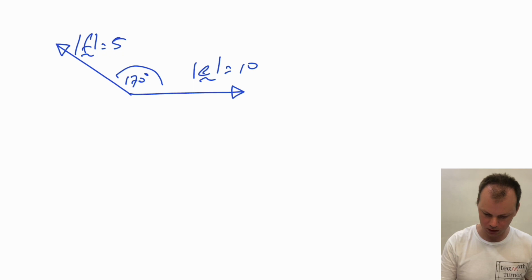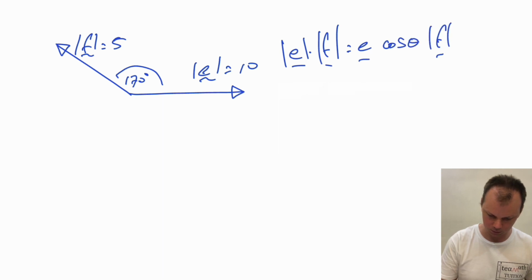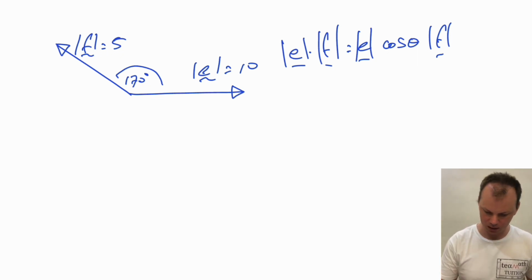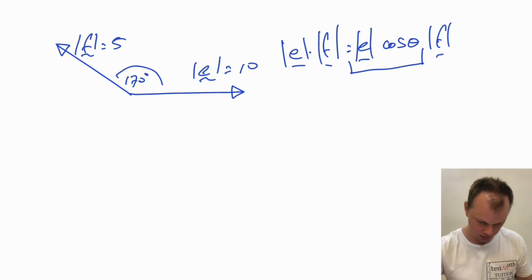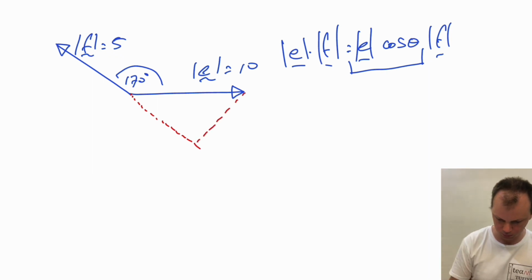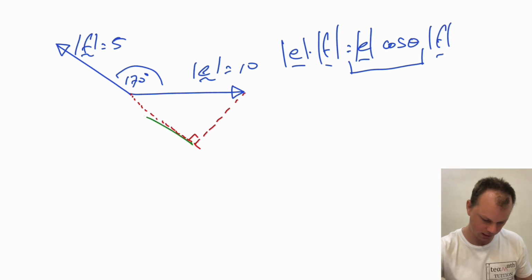Writing out the formula, we've got E cos theta by F. What we're looking at is the scalar projection of E on F. So if we extend the line out like this, we are looking to find what this length is here.